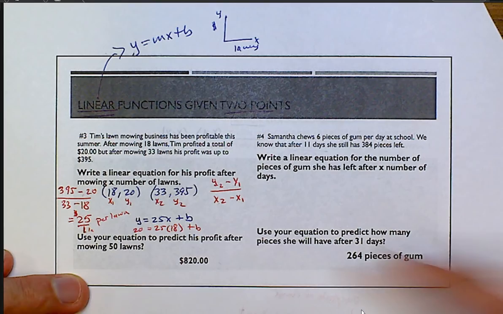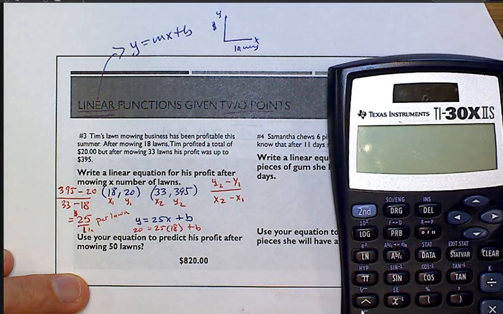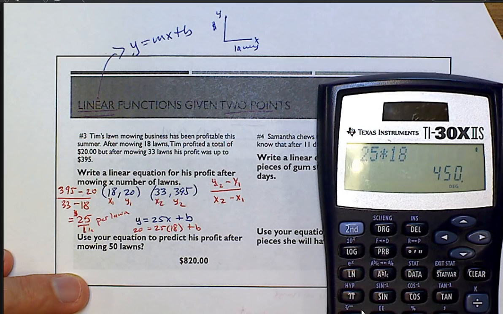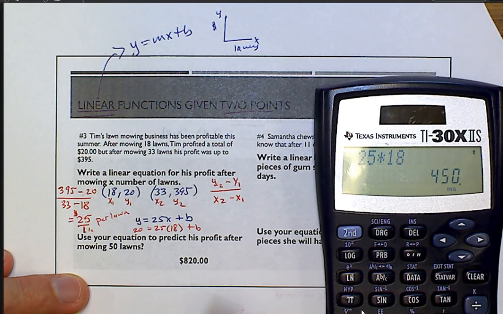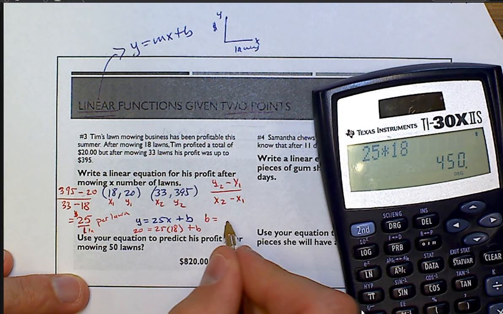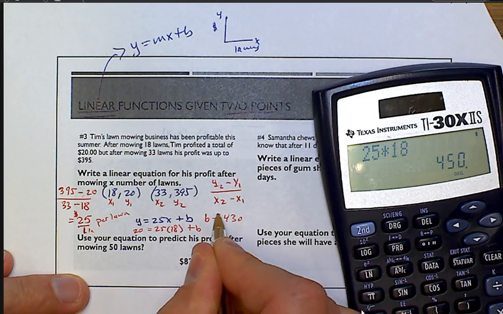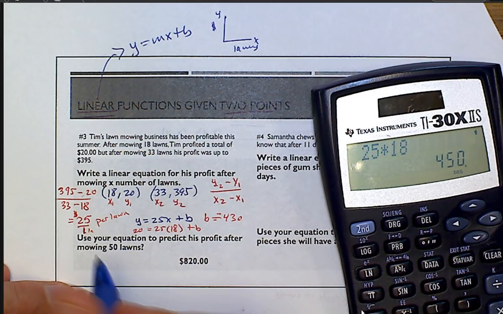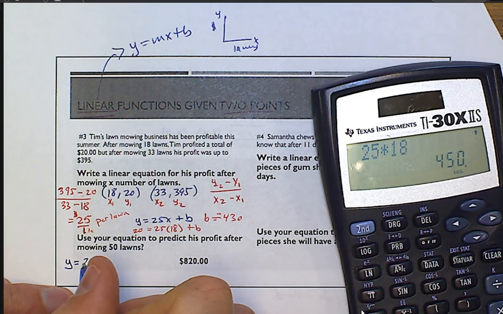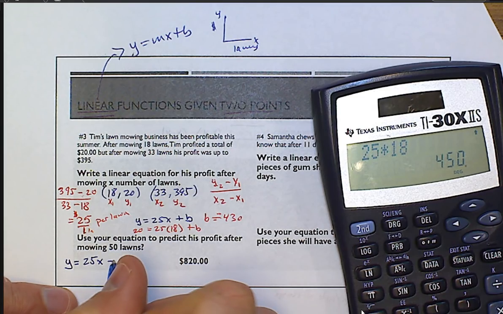Now, if you solve this, 25 times 18 gives me 450. And if I take the 450 and subtract it from the other side to solve for b, I get b equaling negative 430. So after all this work, my equation for this situation is y equals 25x minus 430.